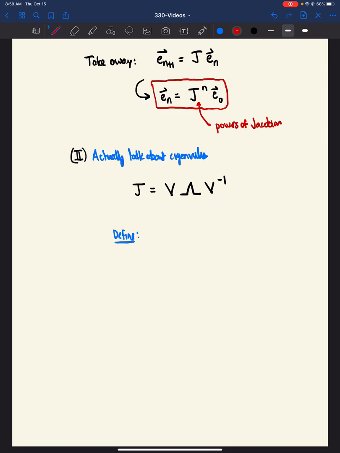But this is, again, a matrix diagonalization. This matrix capital lambda is just a diagonal matrix where along the diagonal are all the eigenvalues.